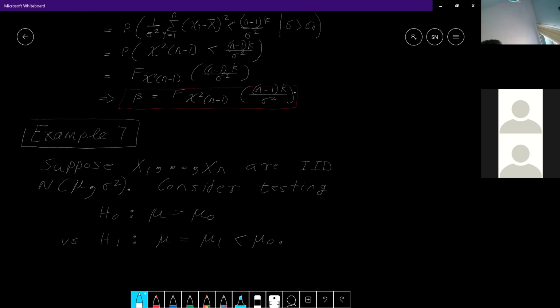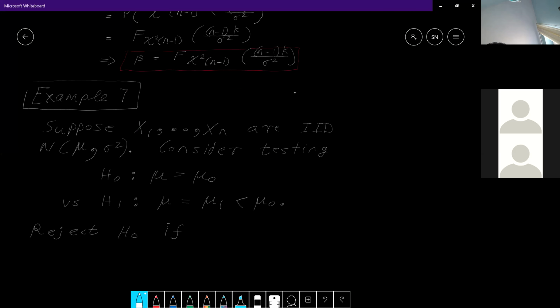And reject H0 if root n divided by sigma times x bar minus mu0 is less than a constant k.